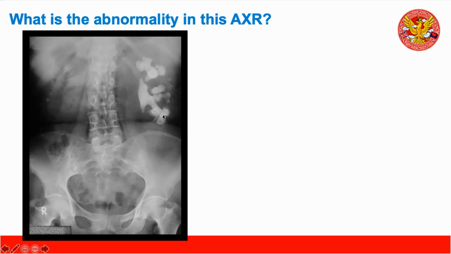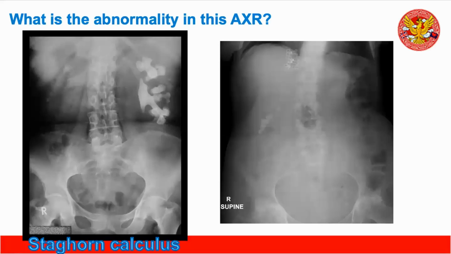This is called a Staghorn calculus because you can actually see the anatomy of the kidney. So you can see roughly the outline of the renal pelvis and the calyxes. Renal stones would be a little bit smaller, but would look quite similar in that they'd be little white dots. Does anyone know what the thing on the right is?